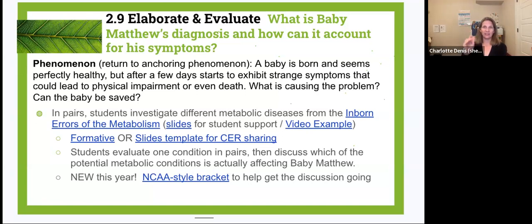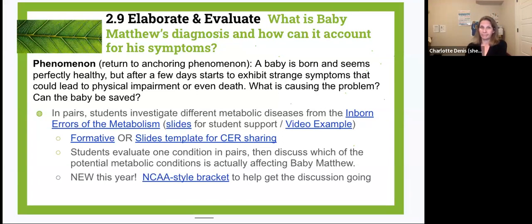At the end of every lesson, we do a reflection, and in that reflection, I ask them to connect back and identify what it is that they have learned here which can help us to understand what's going on with baby Matthew. So by this point, we have a pretty good idea that baby Matthew's condition is being caused by the fact that he must have inherited a mutation, or his cells must have a mutation in them, which is causing whatever is going on with him, right?